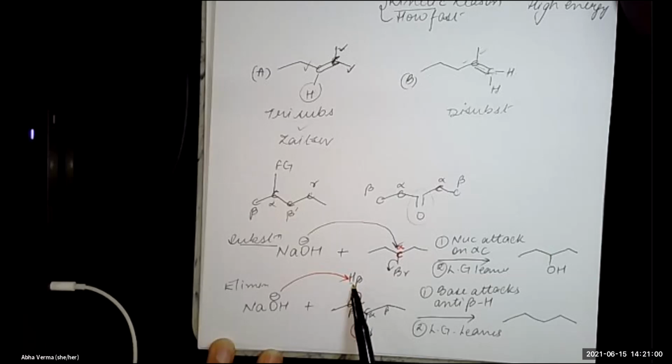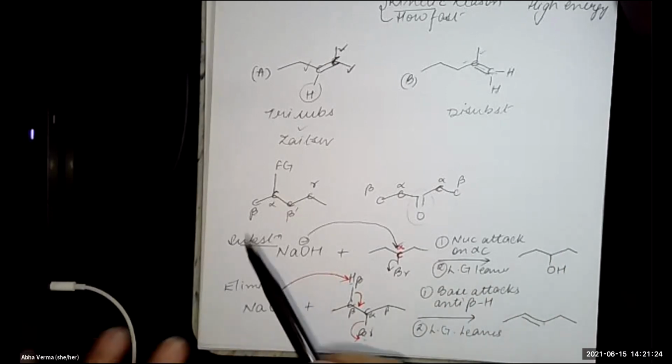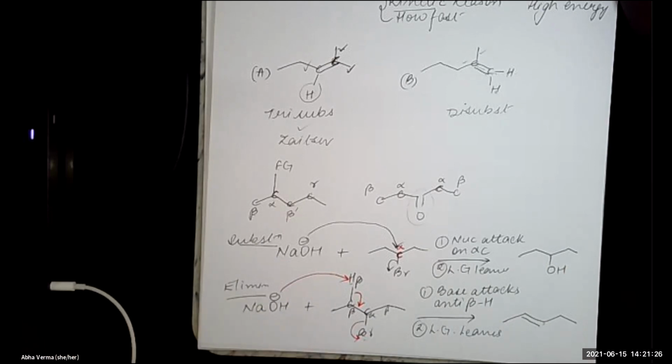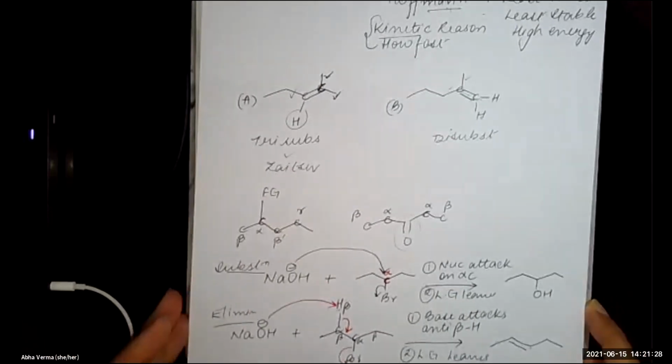I do not have this H anymore. Between my initial alpha carbon and beta carbon, I will now have an elimination product. Why on both same reagents am I seeing two different products? This is also something that we are going to learn.